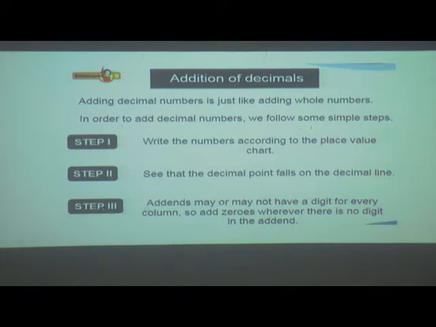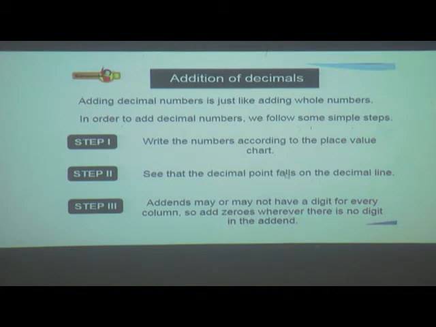Third step is that the addends may or may not have a digit for every column. Yes, we saw this with the example when we were filling the chart table. It may or may not be that in each and every column we have a number. So add 0 wherever there is no digit in the end column.